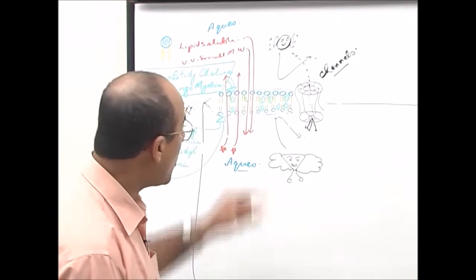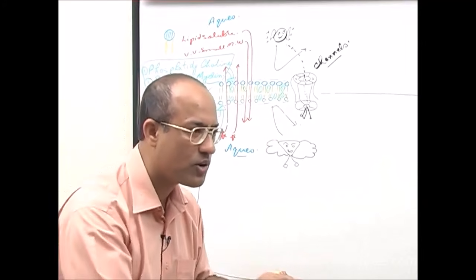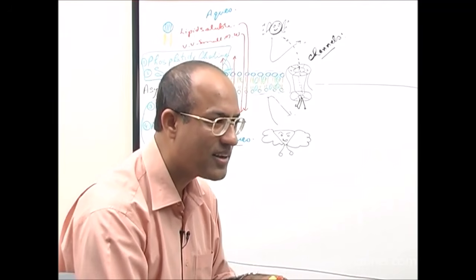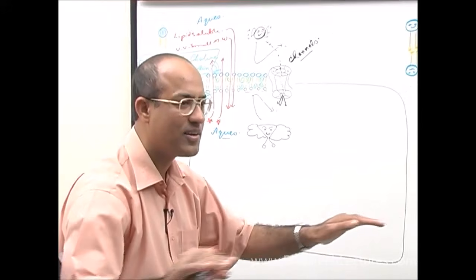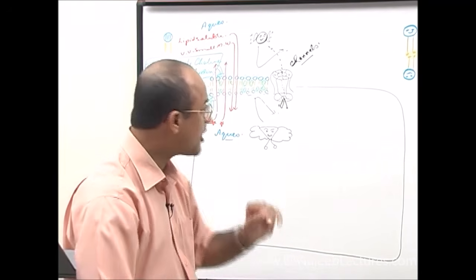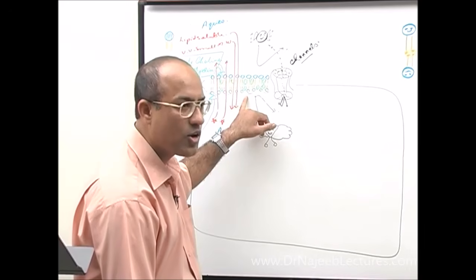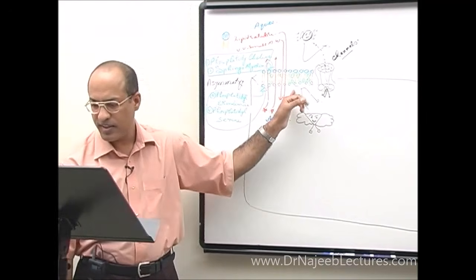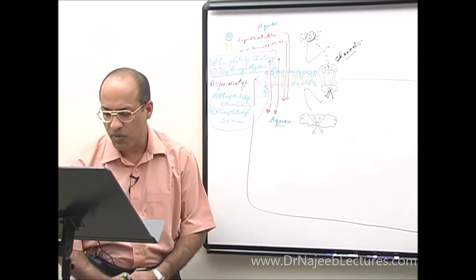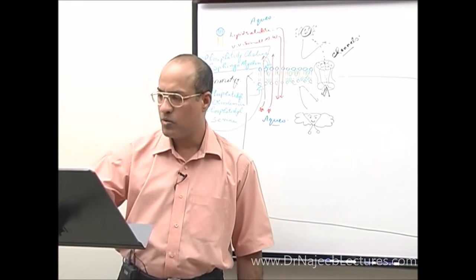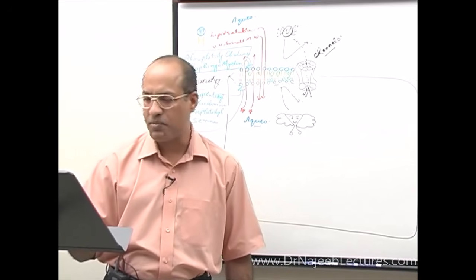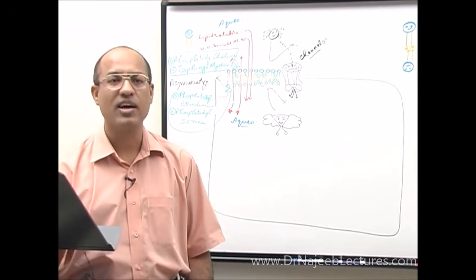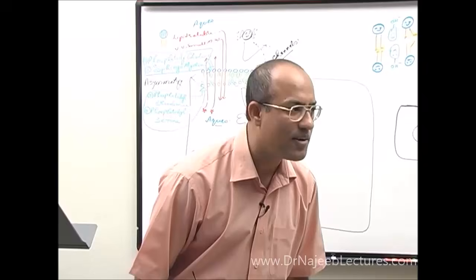What does it mean? All these molecules are mobile. Phospholipid molecules are mobile. They keep on moving laterally. Is that right? They are not fixated in their position and they display lateral movement. And this concept of lateral movement is called fluidity of the membrane.